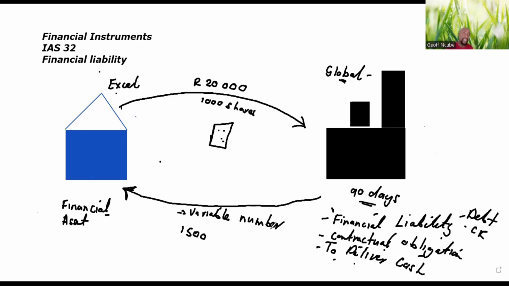So there is diluting of your shares. That's why they said that is potentially unfavorable for you, but you need to pay your debts. Okay, so that is a financial liability.